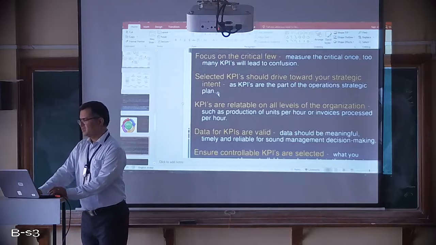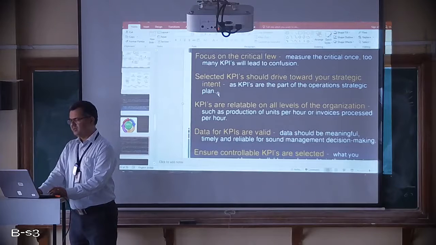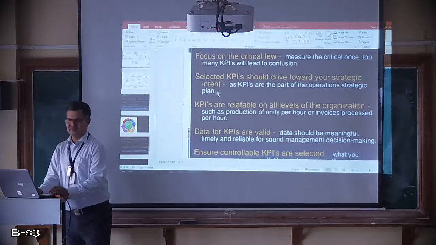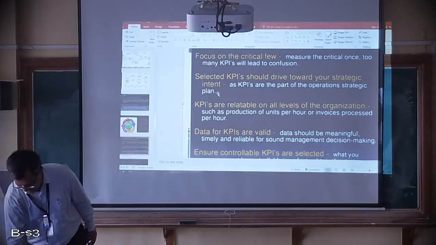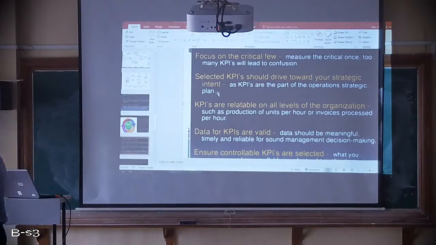Measure the critical ones. Too many KPIs will lead to confusion. If you have so many performance indicators, of course they are going to give confusion. So you should always go with fewer.